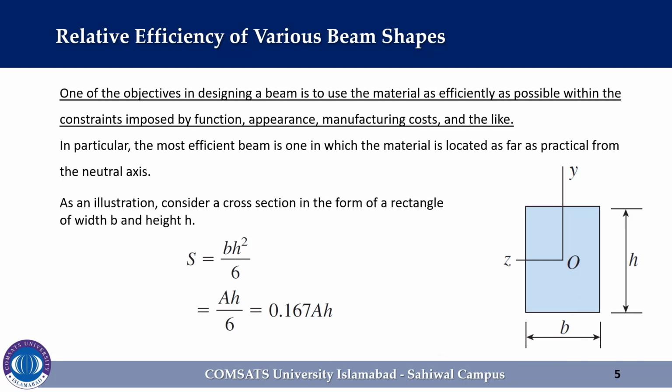Of course, there is a practical limit to the increase in height because the beam becomes literally unstable when the ratio of height to width becomes too large. Thus, a beam of very narrow rectangular cross-section will fail due to lateral or sideways buckling rather than to insufficient strength of the material.